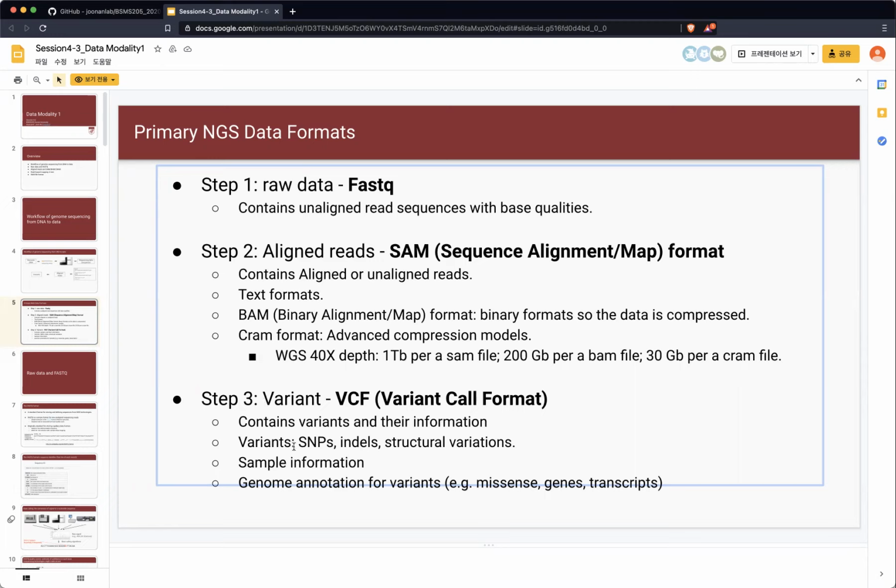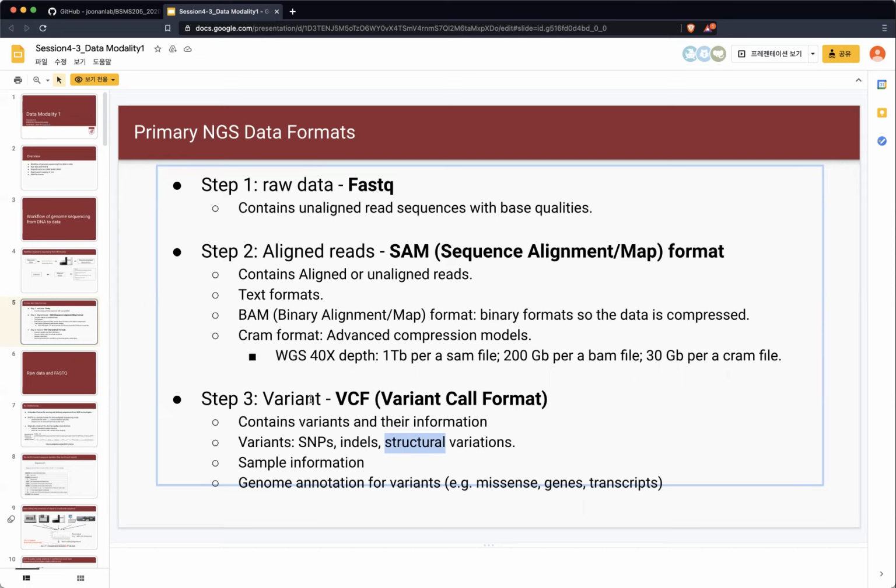And these variants include, as we learned in a previous session, SNPs and structural variations. This information also contains sample information. So not just the variant position, it has where the sample is from and which pedigree the samples belong to, right?